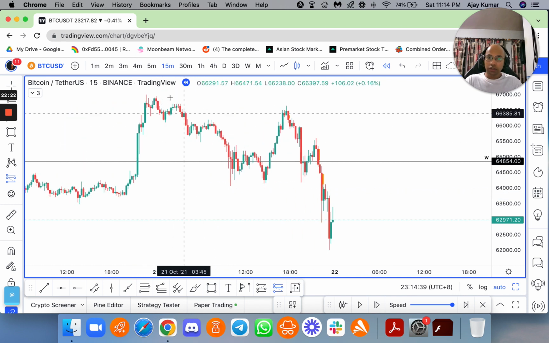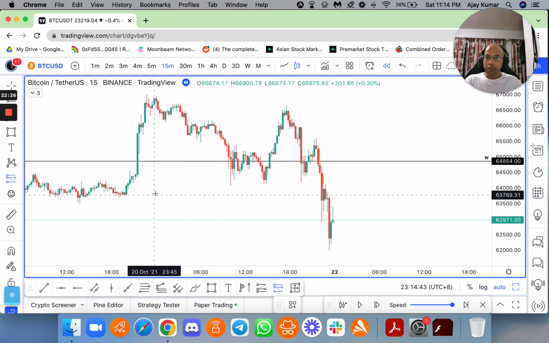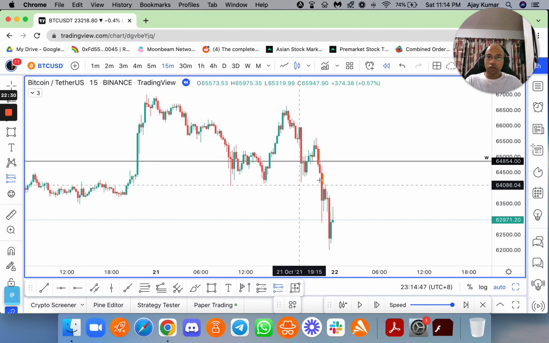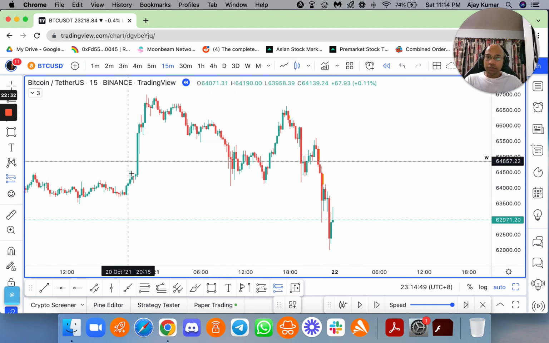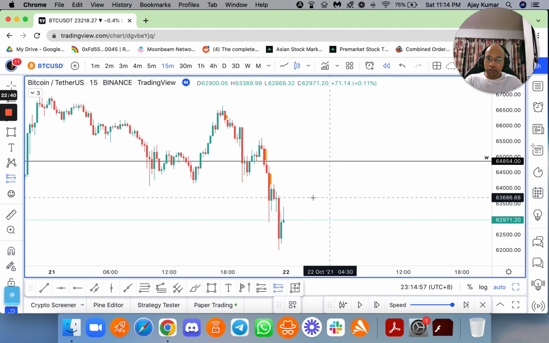No, actually, this is the highest point. Doesn't matter, there's no difference between this high and this high. This is all a range. So price has breached this low, and it should drop further.